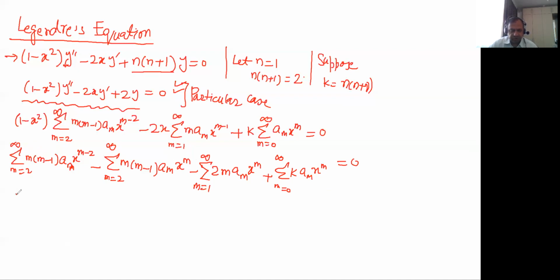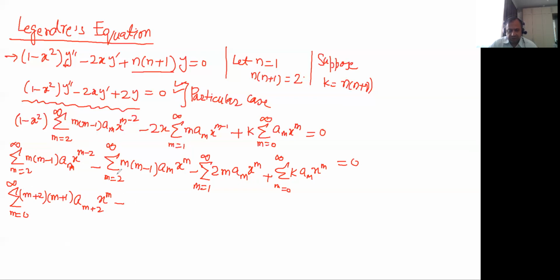For this first term, I will need to increase by 2, so the index will decrease by 2. M equals 2 will change, and here m will become m plus 2, m minus 1 will become m plus 1, just like in the previous case, and it will be m plus 2, and then x power m.